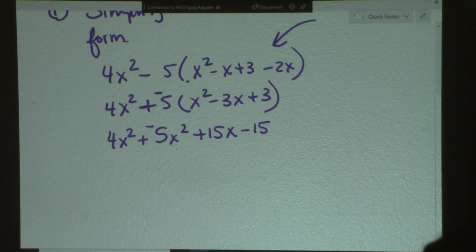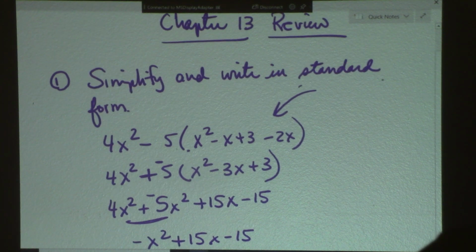Now I'm looking for any like terms that I can combine, and these two I can combine here. So 4x squared and negative 5x squared is negative x squared plus 15x minus 15. Now, the second part of the question was put it in standard form. What does that mean?